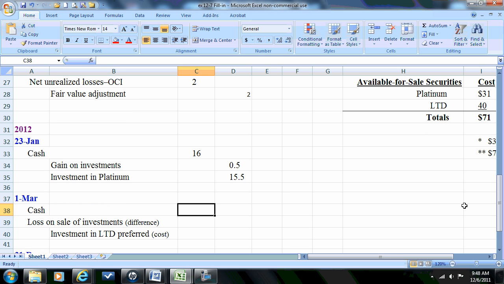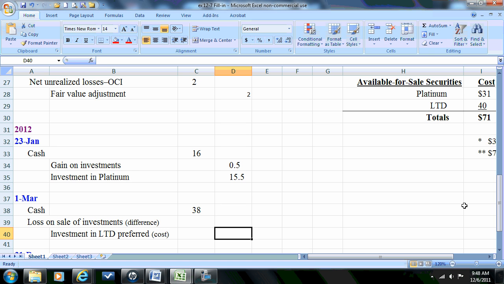Next, we're going to sell all of the LTD stock for $76 per share. We had 500,000 shares. So again, we're going to take the price per share, multiply it by half a million, which we represented by 0.5, since we're working in millions, and we will have cash proceeds of $38 million.